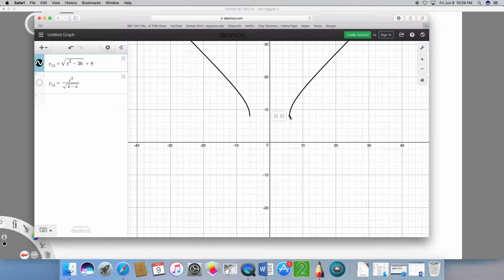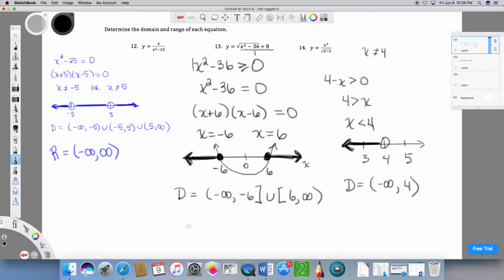So again, I see a y coordinate of 8, and all the points are above that. I don't see any point down here that has a y coordinate smaller than 8. So the smallest y coordinate is positive 8, including that, and then it's going all the way up to positive infinity.